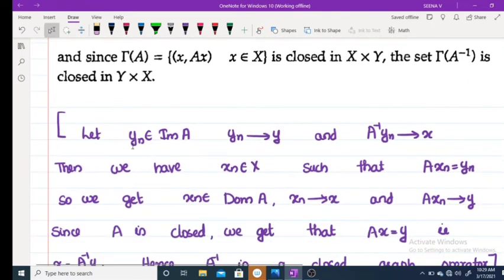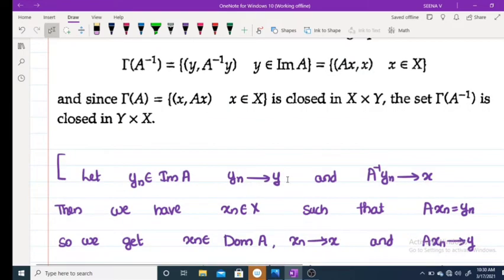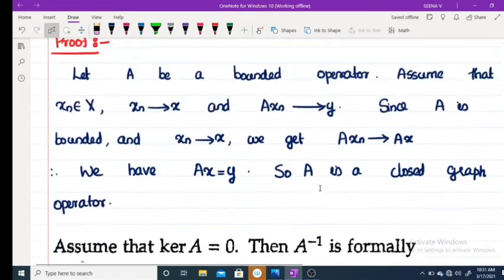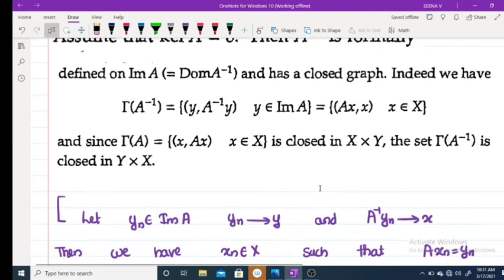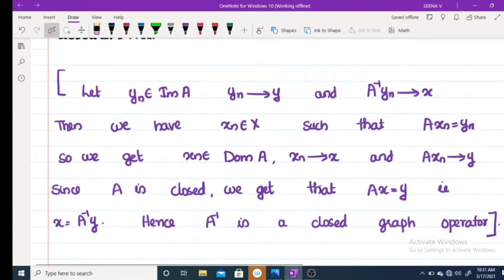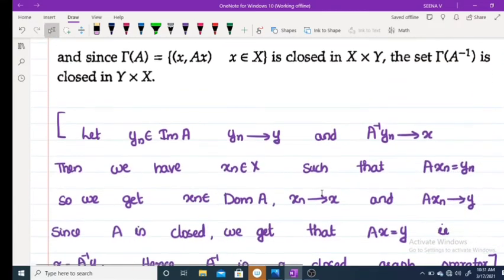For this, let y_n belong to the image of A, y_n converges to y and A inverse y_n converges to x. What we have to prove is that x equals A inverse y and y is in the image of A. That's what we have to prove.